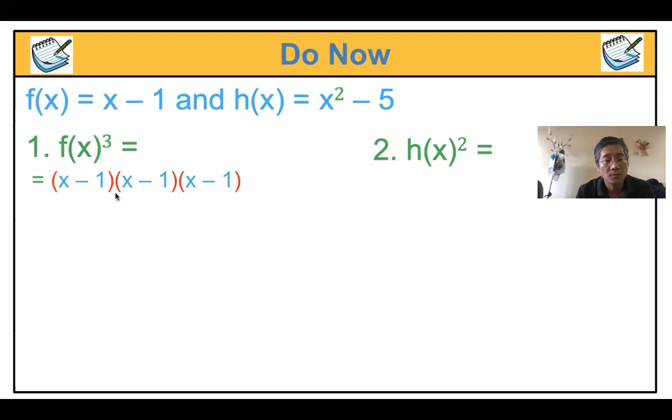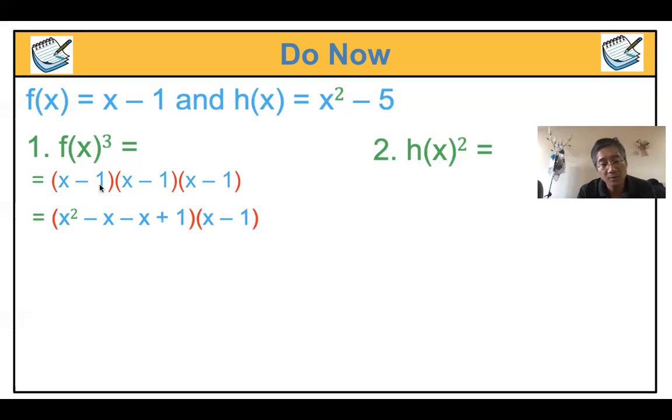Then we multiply the first two x minus 1s, and then later multiply with this x minus 1 again. So let's do this one first. Like this, right? You FOIL it: x squared minus x and plus 1.